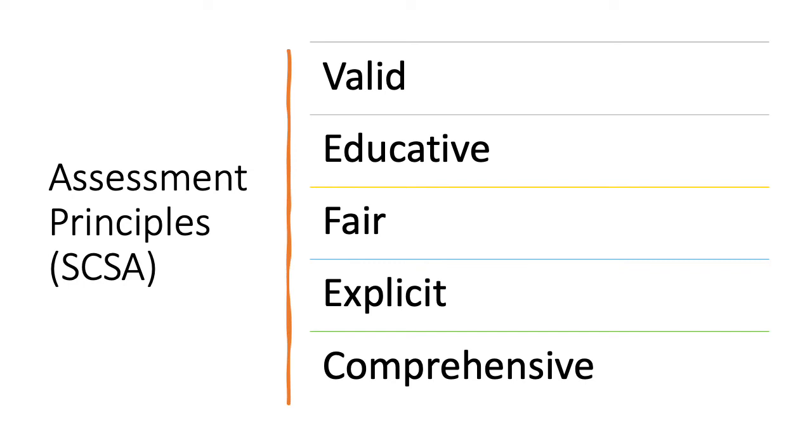Fair is a really interesting word that we use, because we need to make sure that it is fair for all the children in our class, regardless of where they are and what they're able to do. We've all seen the saying that if a fish judged itself by its ability to climb a tree, it would always fail.